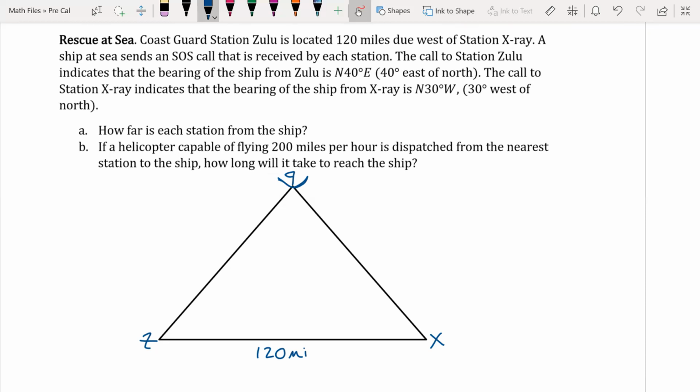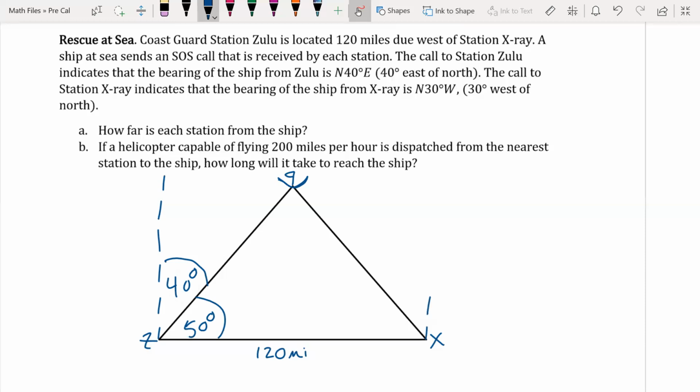So if we're going east of north or northeast, this means that this angle here is 40 degrees. That makes sense? Yeah. So then the other one had to be 50. Exactly. So down here would be 50.